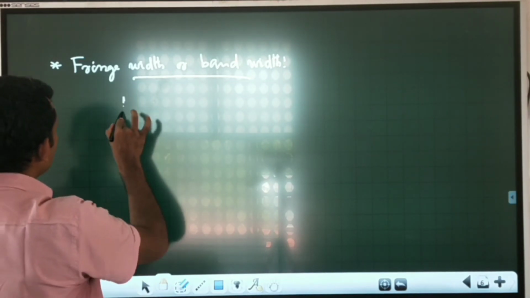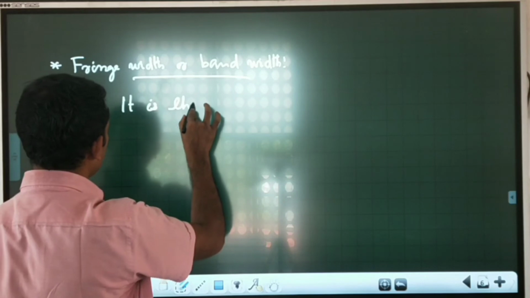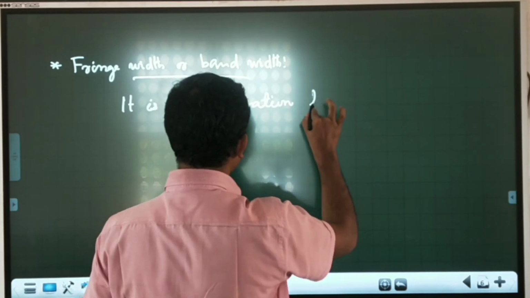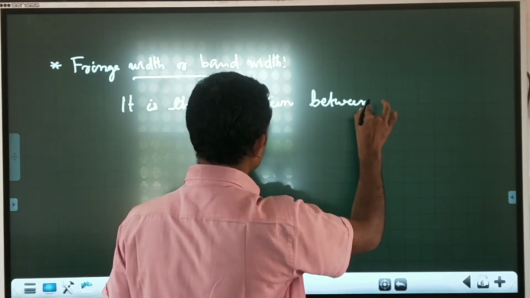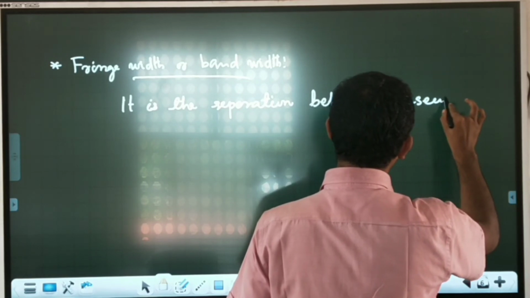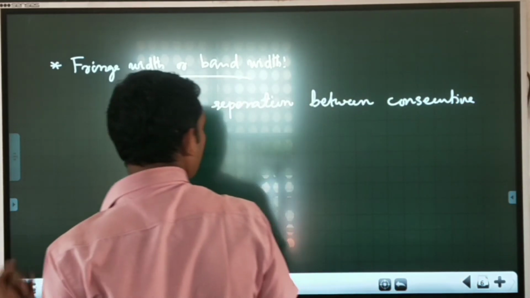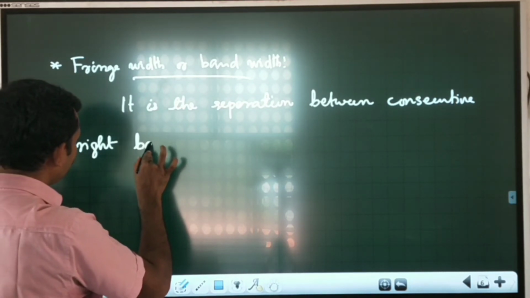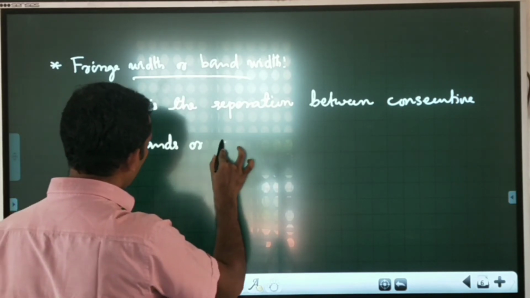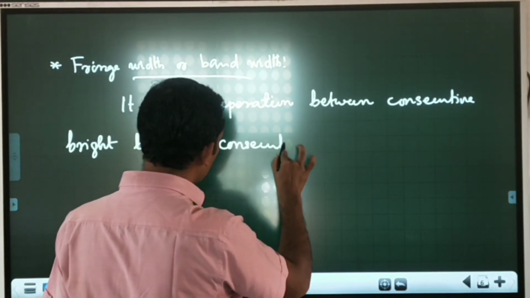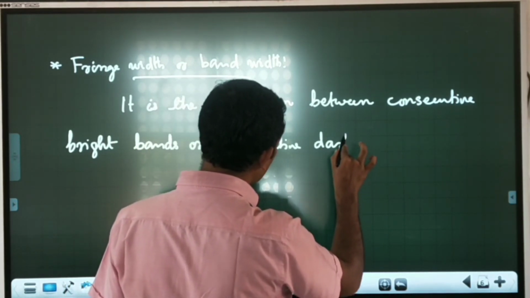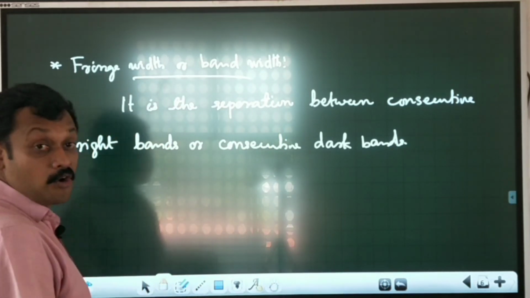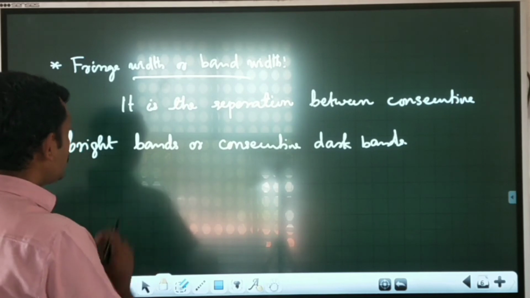So fringe width or band width is defined as the separation between consecutive bright bands or consecutive dark bands.